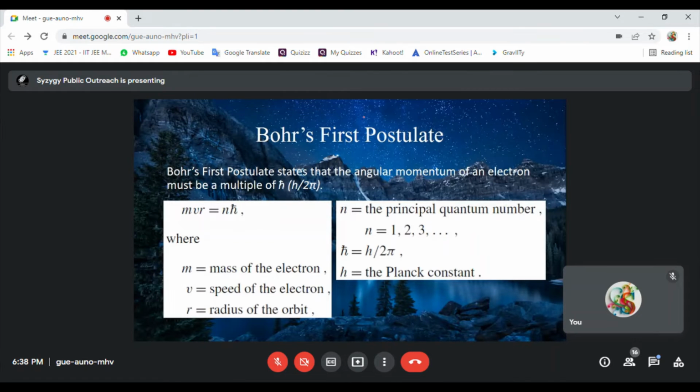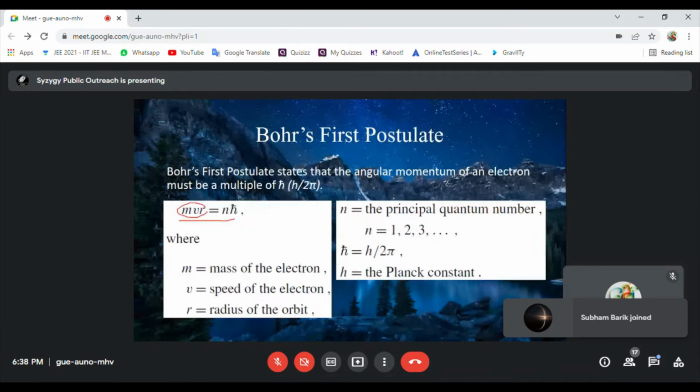Bohr's first postulate is quite simple. It states that the angular momentum of an electron must be a multiple of h bar. H bar is actually Planck's constant upon 2 pi. We do not need to go into its derivation, but we just need to know this postulate. So it is basically mvr = n h bar, where mvr is the angular momentum of that electron, n is any positive integral value, and h bar is h upon 2 pi.